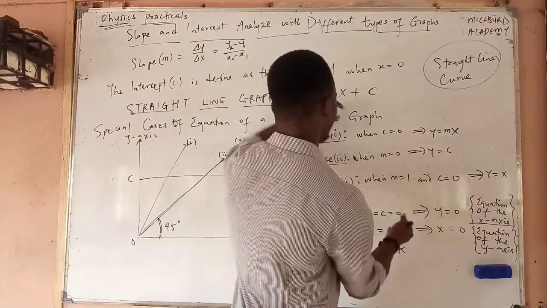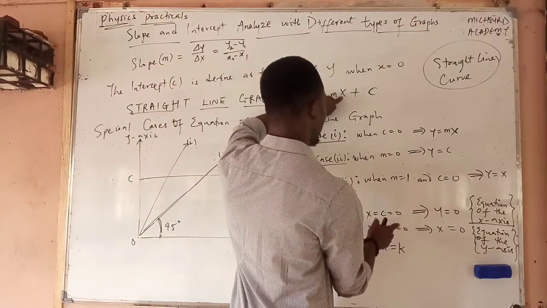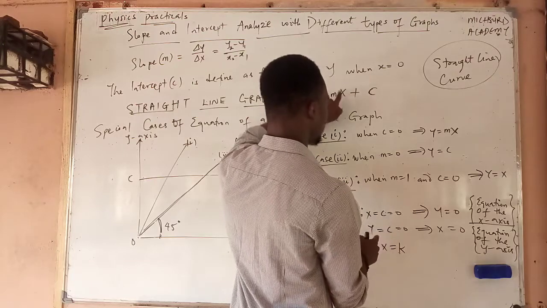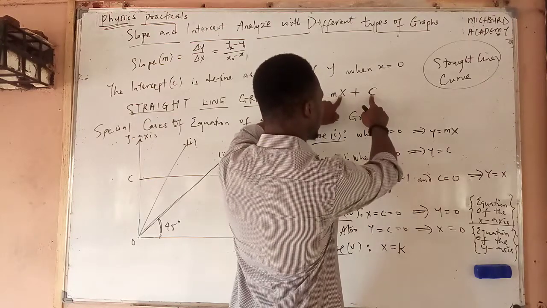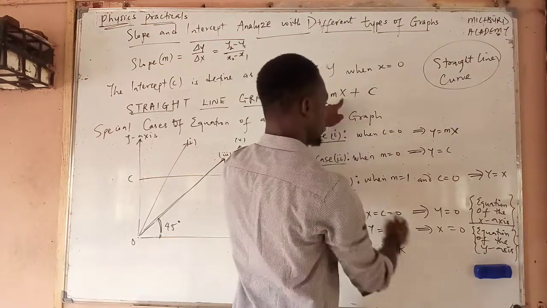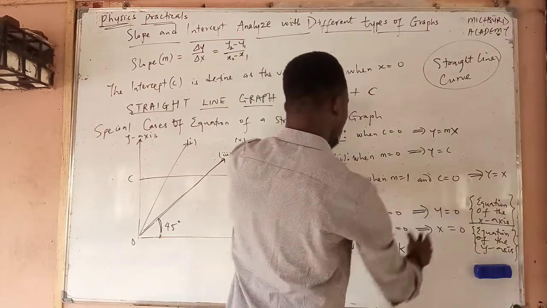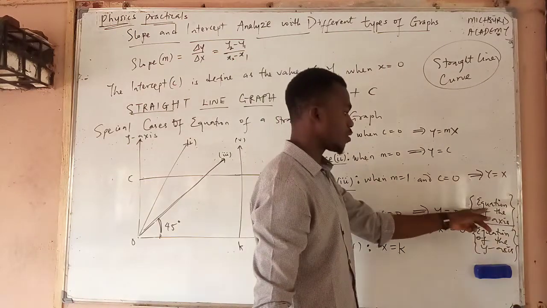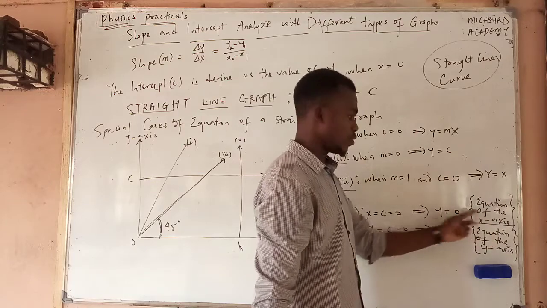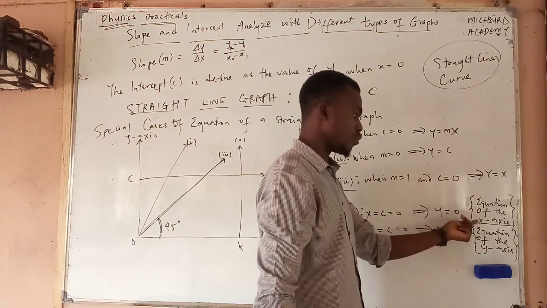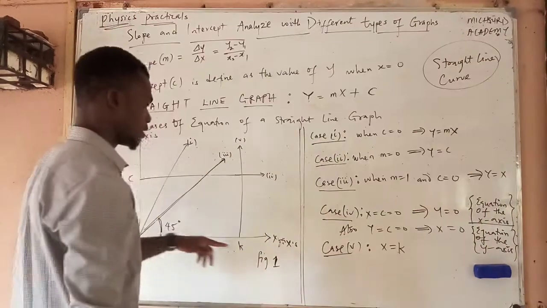If we make our substitution, x is 0, so everything here becomes 0, and c is also 0. So therefore y is just equal to 0. This gives us the equation of the x-axis. When y is equal to 0, we have the equation of the x-axis.